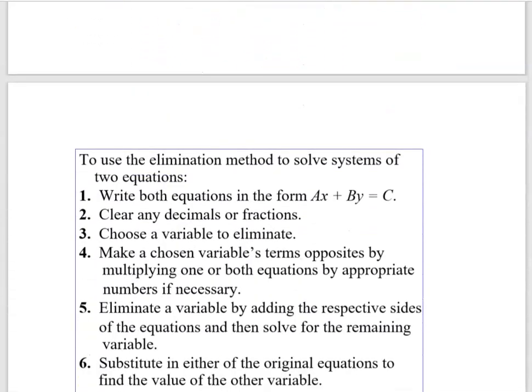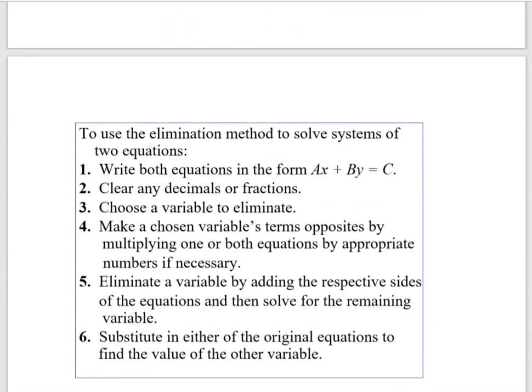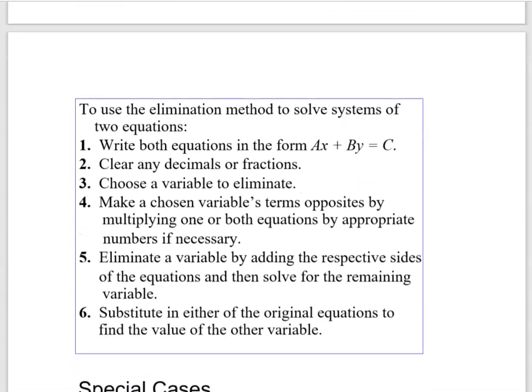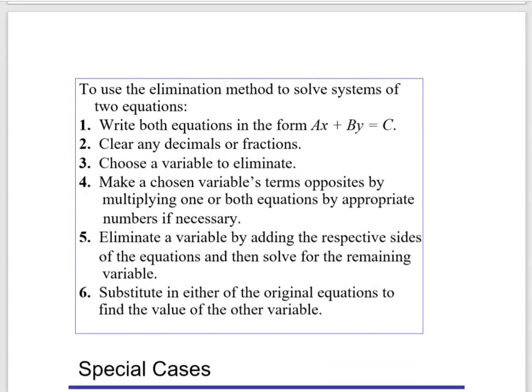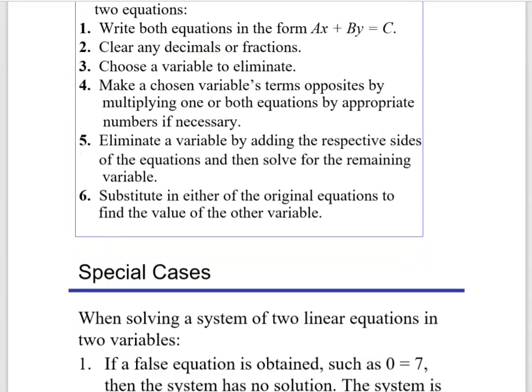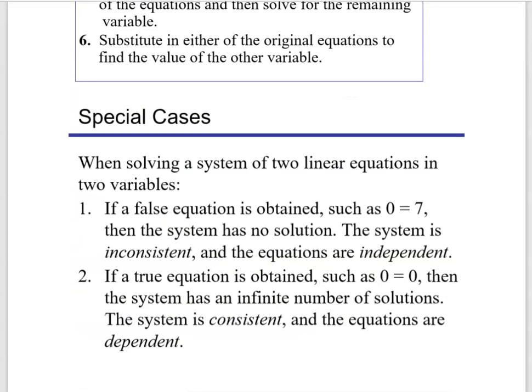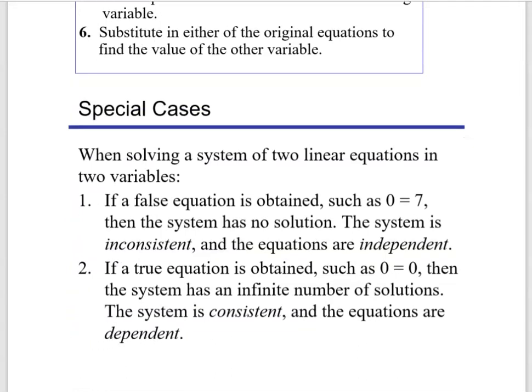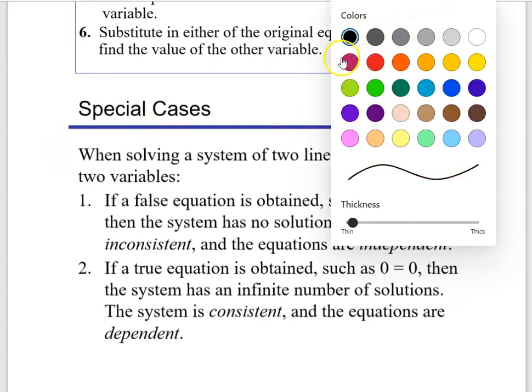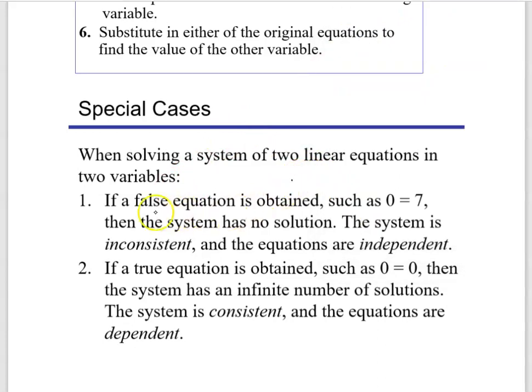So here is some steps to solving these. If you're a person who learns better with words, you can look back over that. And so we talked about some special cases, and one of the things we talked about was when you get to the bottom and you get something that is not true, we said there's no solutions, right?